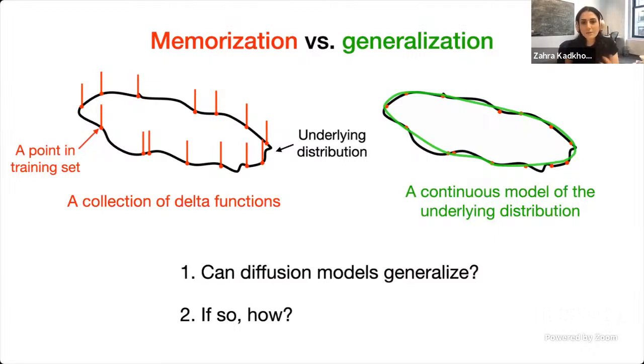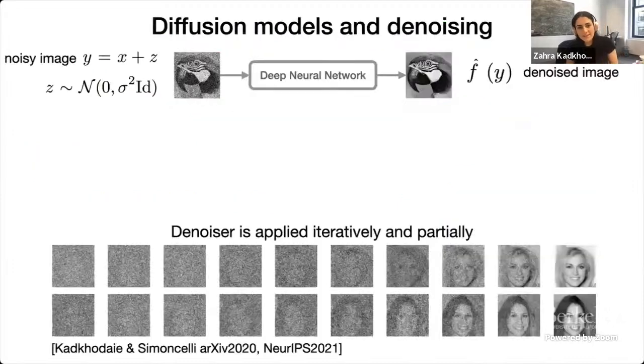And the short answer to that is both. Sometimes they memorize, like I showed you, but sometimes they are capable of generalizing. So because the interesting case is generalization, we're going to focus on that and ask, how is it that they can generalize despite the curse of dimensionality in high dimensions? So that was basically the motivation.